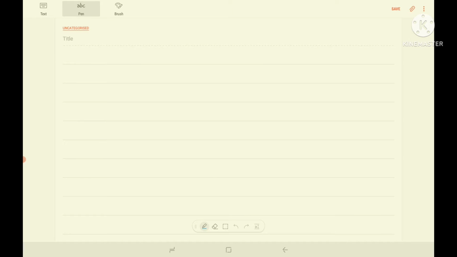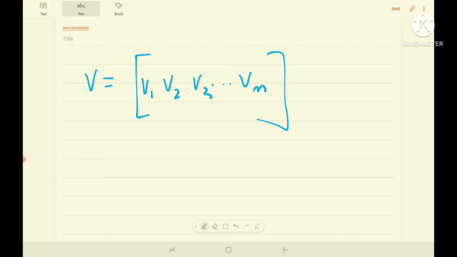So let's start. I have a general matrix V given by its rows v1, v2, v3, dot till vn, and I row reduce it to some matrix R. Just for example, say 1 0 0 0 till the end, 0 1 0 0 0 till the end.